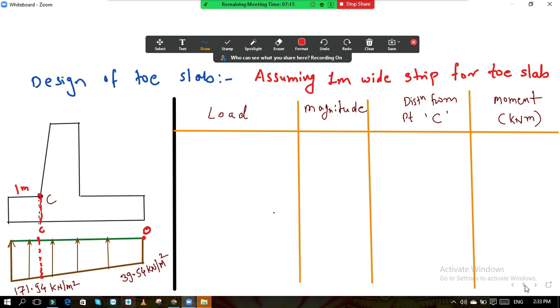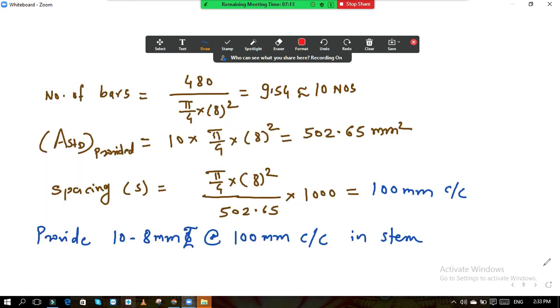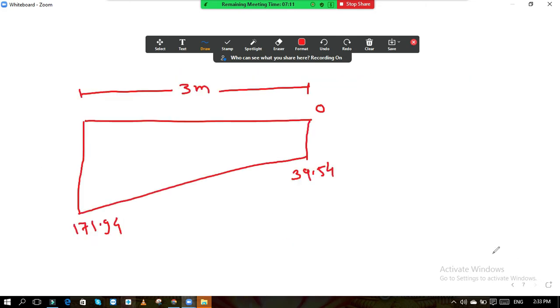Okay, so here I can say that if I drop the perpendicular, it will be like this. So this much of distance, this will be 39.54.